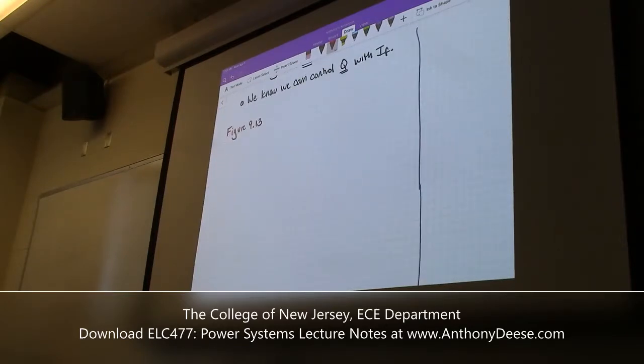And so we're using the same circuit model that we have for quite a while now. We have our EAF, we have our synchronous impedance, and we have our terminal voltage.